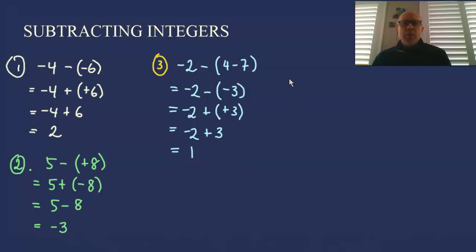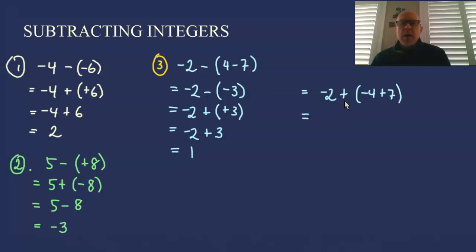In the second strategy, what we'll do is we'll change this operation to an addition, and so when we do that, then whatever follows that's inside the brackets must change sign. And since we have two numbers inside the brackets, the signs of both terms will change. So in the second case, we'll change the operation from subtraction to addition, and the 4 will become a negative 4, and the minus 7 will become a plus 7.